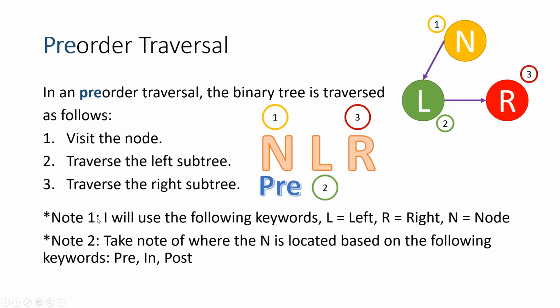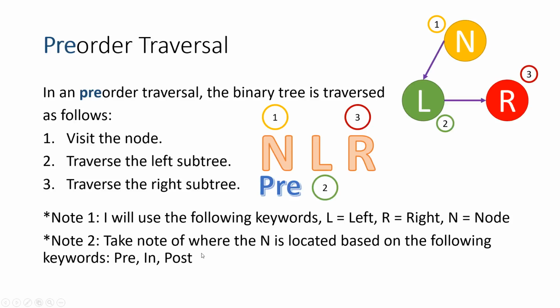So I've made notes at the bottom over here, and I've said I will use the following keywords: L for left, R for right, and N for node. Note 2, take note of where the N is located based on the following keywords: pre, in, post.